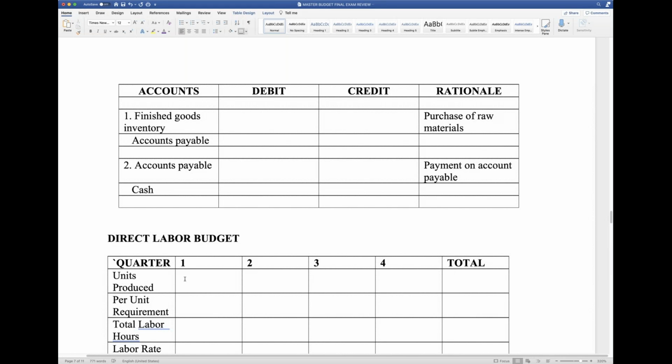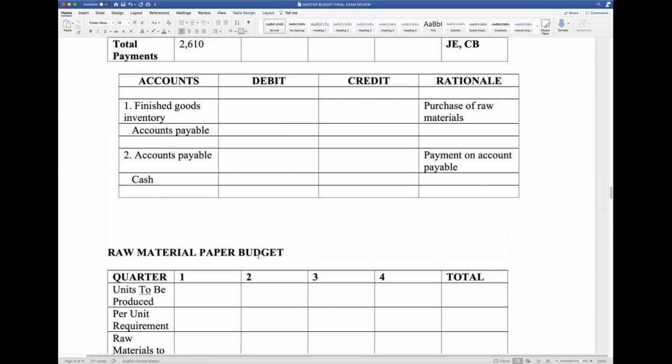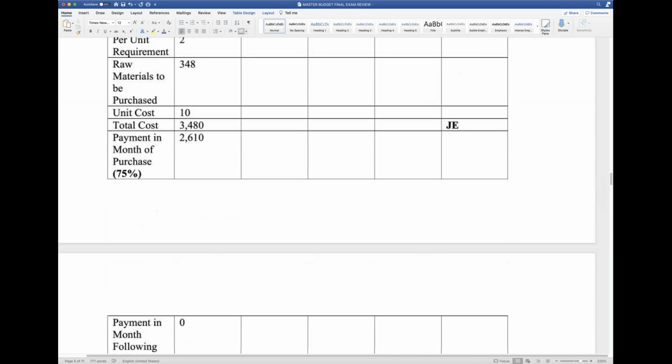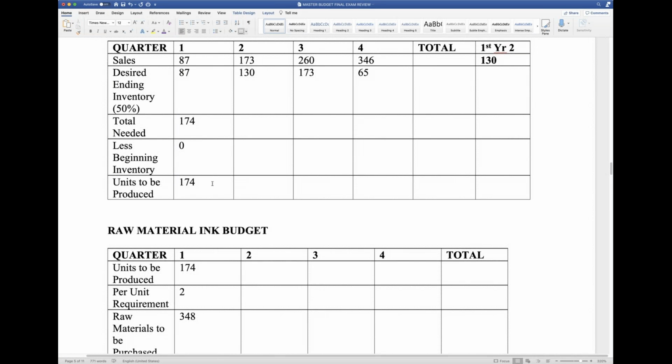What's going to go in that top box for labor? The units produced. Where would you get it from? The quantity, right? That first chart that we did, the budget. So we go up to the budget and it says we're making how many? 174.